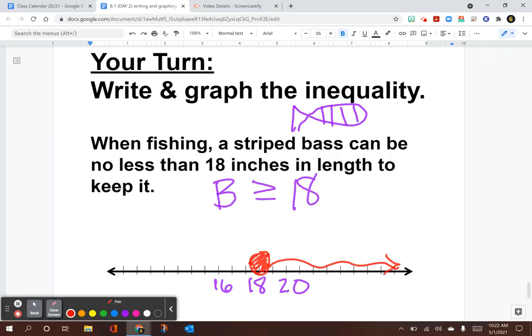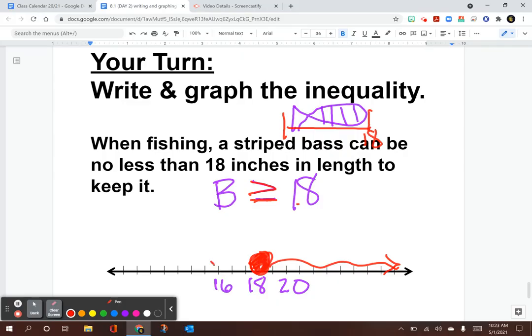So your fish could be greater than 18, and if that's the case, nice catch. But it can also be exactly 18 inches. So if you measured your fish, and with the ruler it measured 18 inches, you're welcome to keep it. If it's less than 18, though, you have to throw it back. Otherwise, if you're caught keeping a fish illegally, there will be consequences by the law.